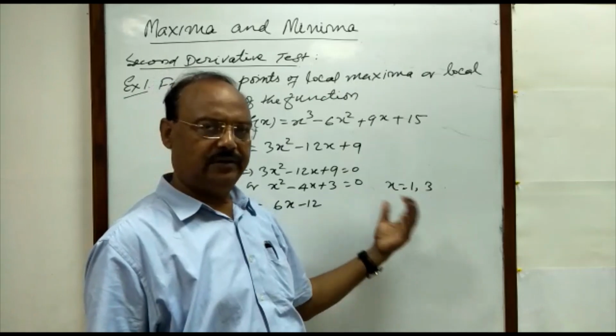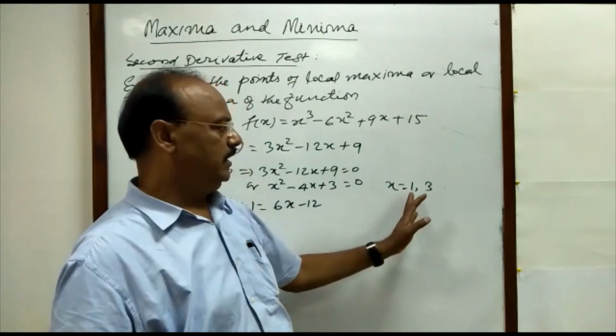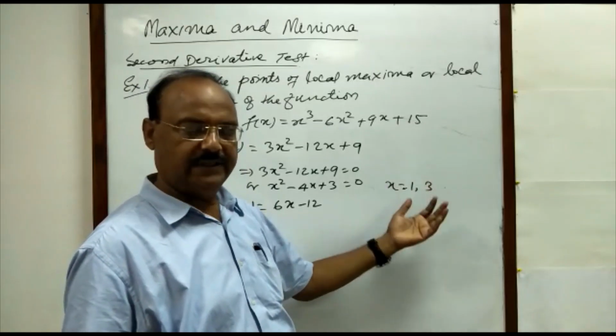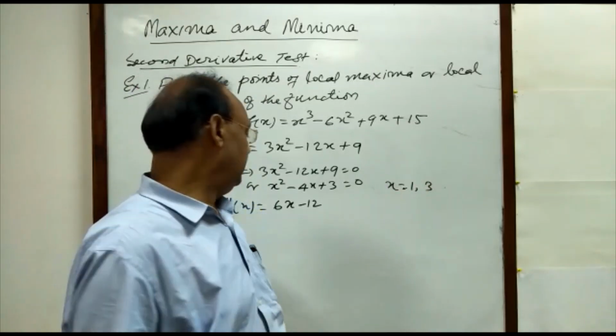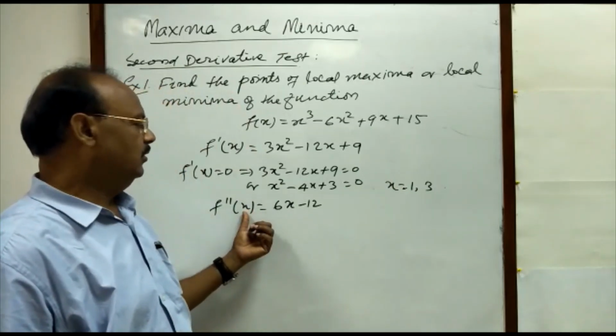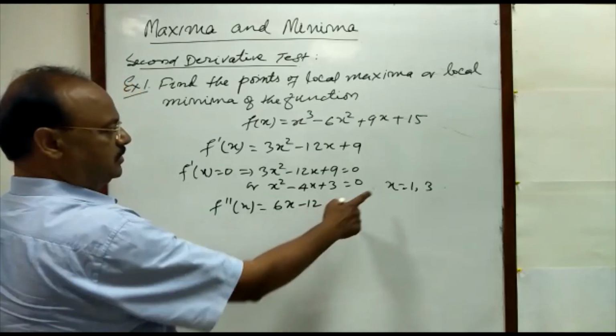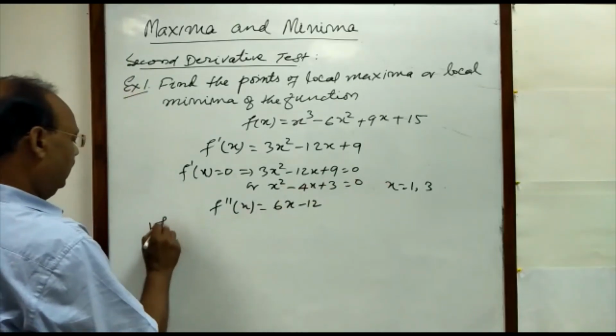So now we will use second derivative test to check whether these points give us maximum or minimum value of the function, and that we can do by putting value of x here in second derivative. So let us start with x is equal to 1.